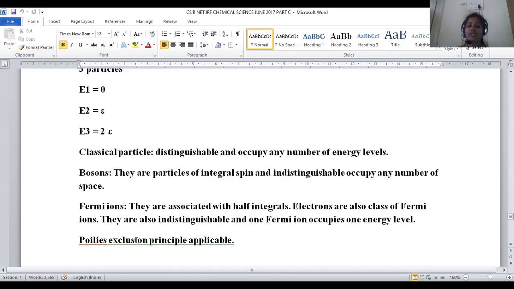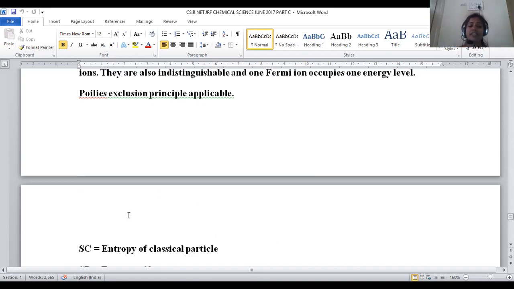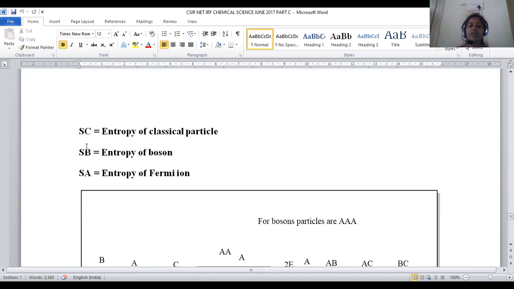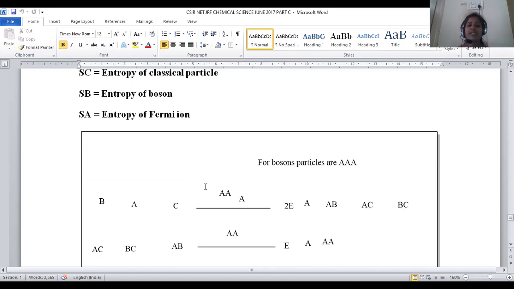That is known as Pauli's exclusion, which is strictly obeyed by these Fermions. Here, SE stands for classical particle entropy, SD stands for boson entropy, and SA stands for Fermion entropy.